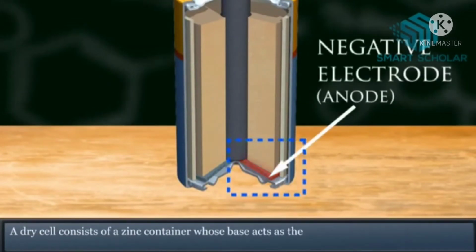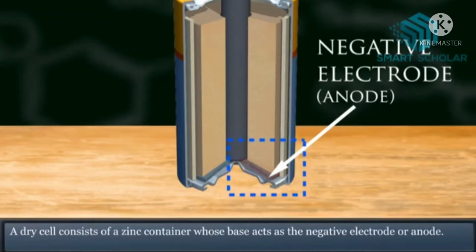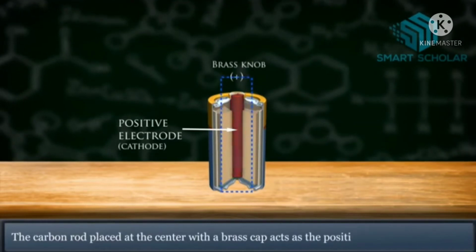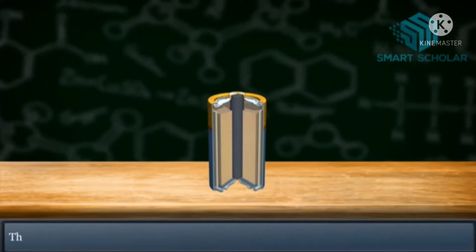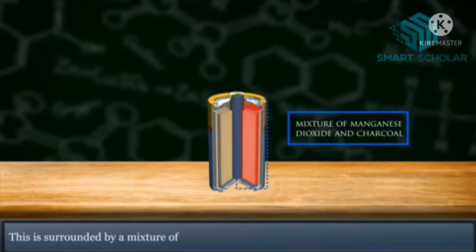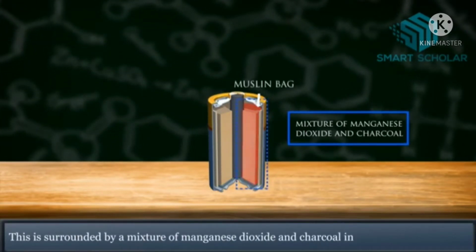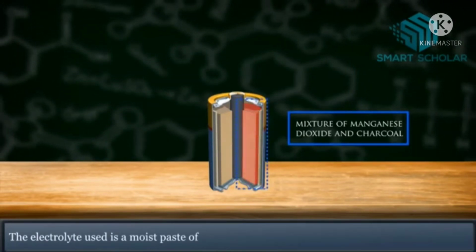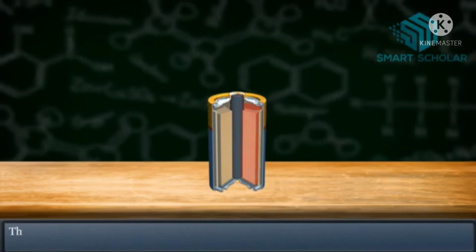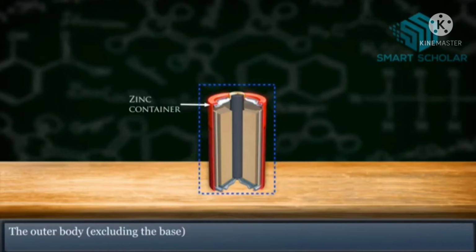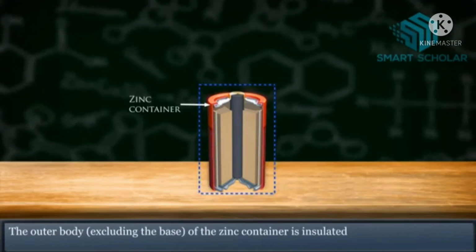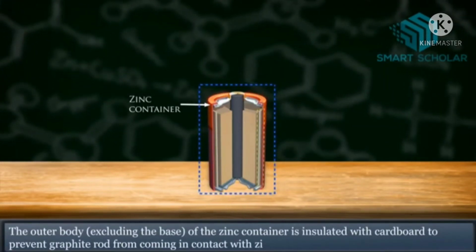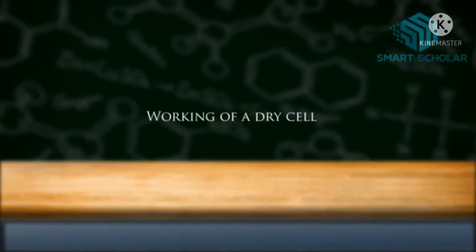A dry cell consists of a zinc container whose base acts as the negative electrode, and the carbon rod is placed at the center with a brass cap which acts as the cathode. A mixture of manganese dioxide and charcoal is there around the rod. The electrolyte is used as a moist paste. The outer body, excluding the base of the zinc container, is insulated with cardboard to prevent the graphite rod from coming in contact with the zinc container.